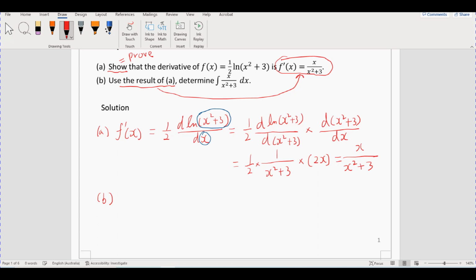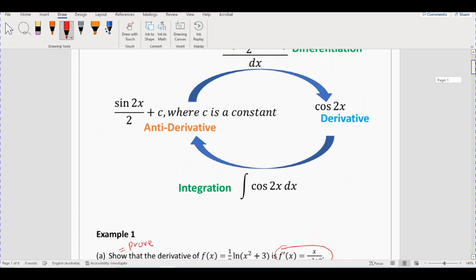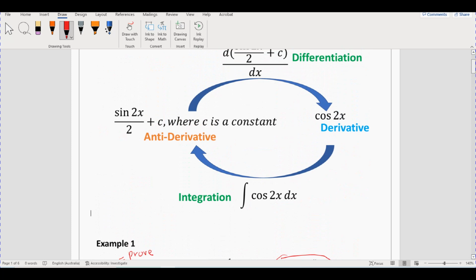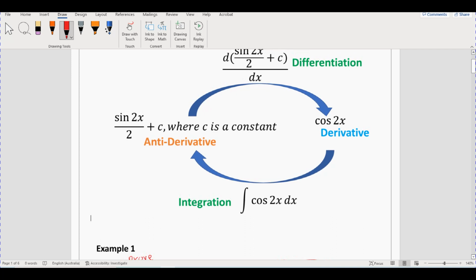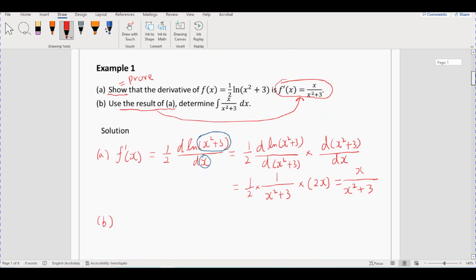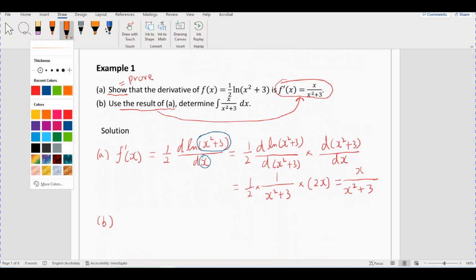Okay, so it sounds familiar. Why? Because we understand if I got the derivative and I try to integrate the derivative, you're going back to the antiderivative. That sounds a little bit complicated in terms of those names. Let's say in that case, which one is the derivative?